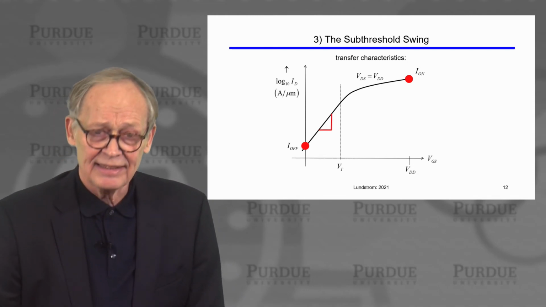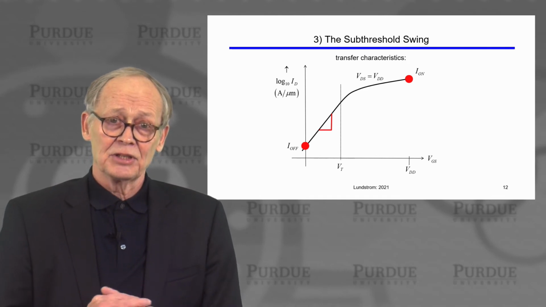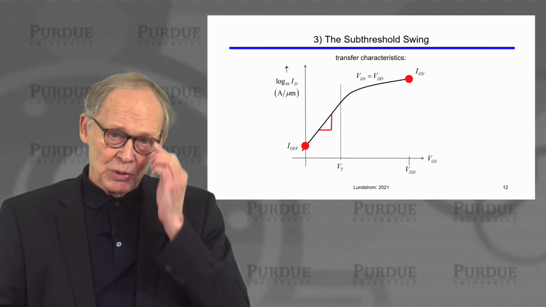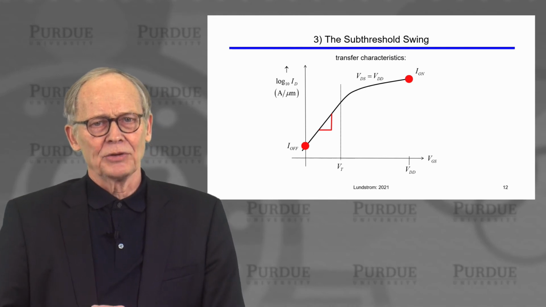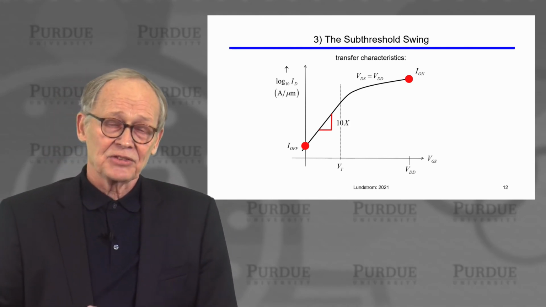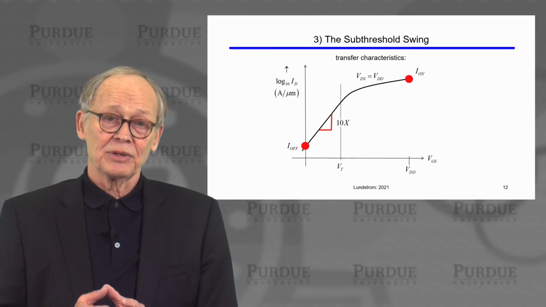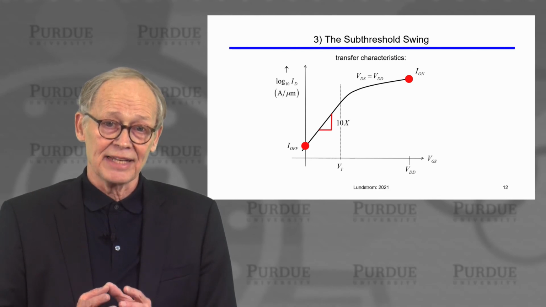And that means we'd like this transition between off and on to be as steep as possible. We measure that in a parameter we call the subthreshold swing. We simply ask how much increase in gate voltage does it take to increase the drain current by a factor of 10.